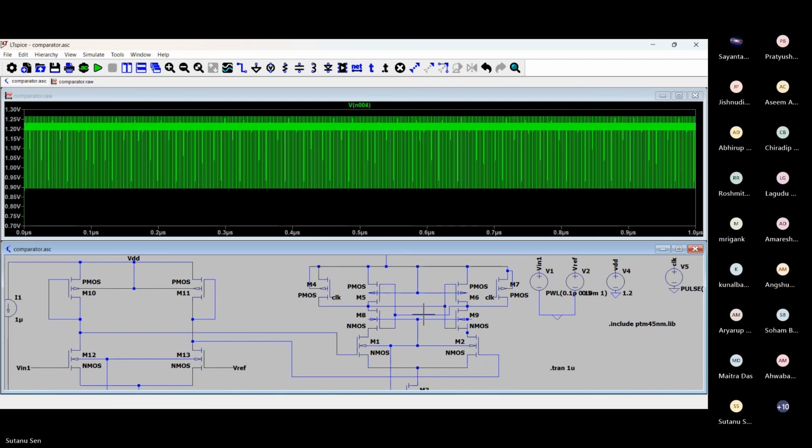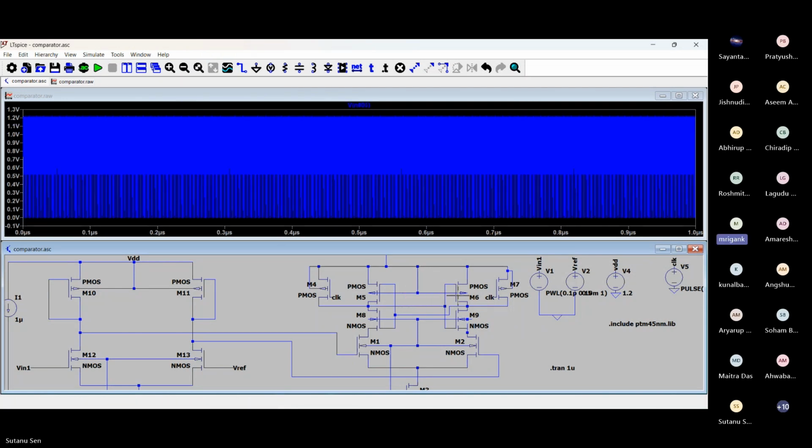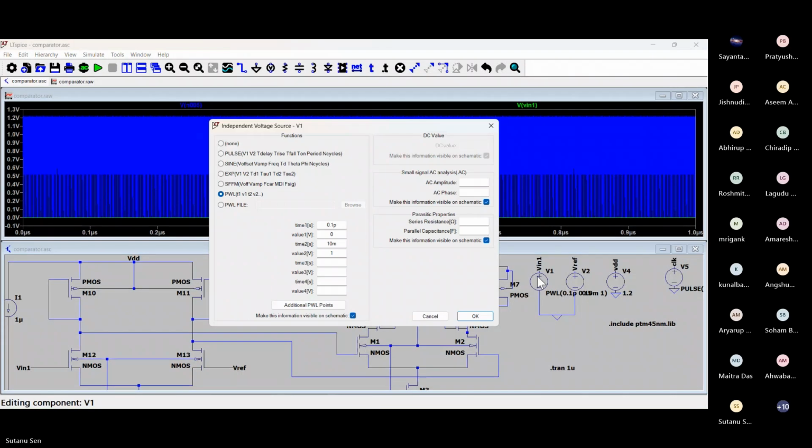Why? Yes, anyone? Why can't we do the frequency response of the second stage? So because we are applying the separate clock in the dynamic comparator also.